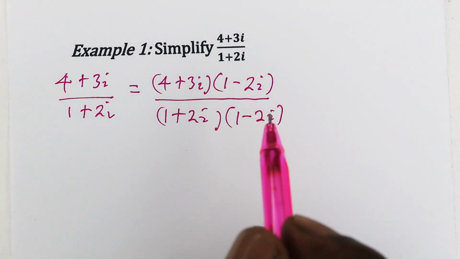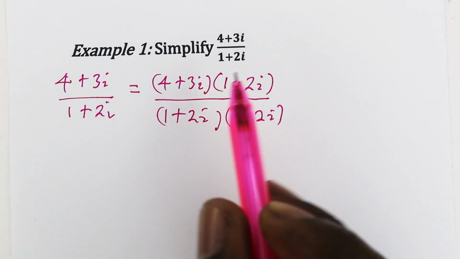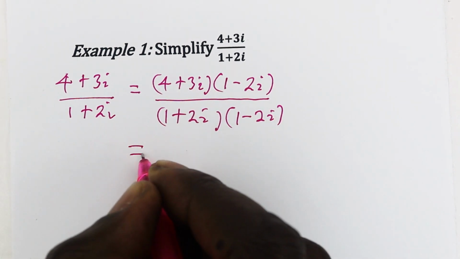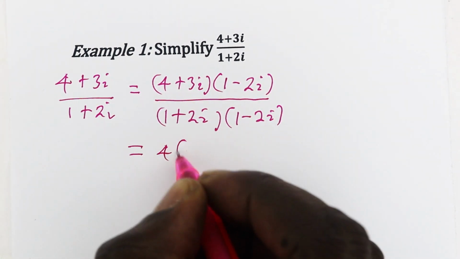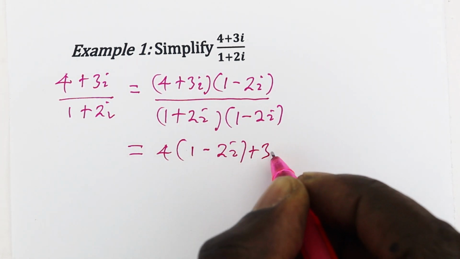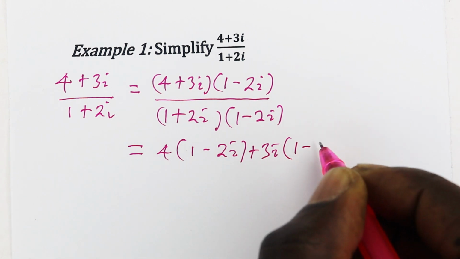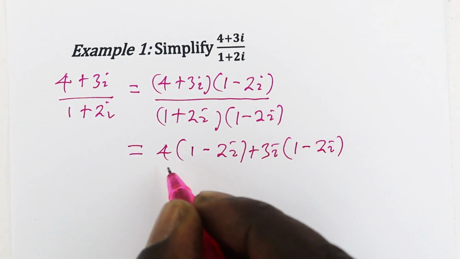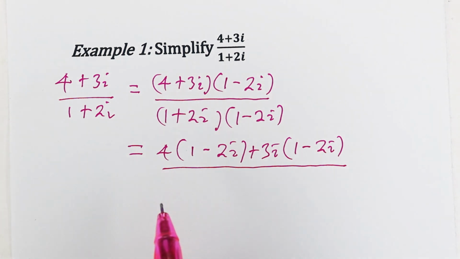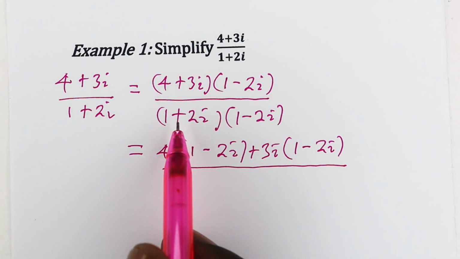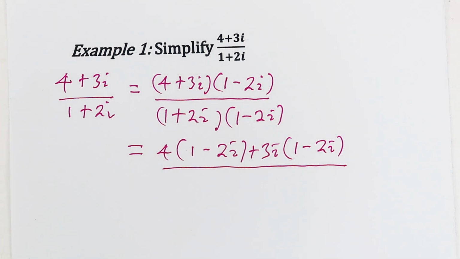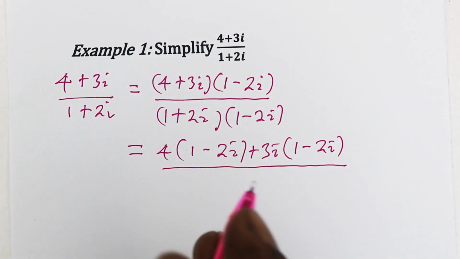We can use the distributive property in the numerator, so that we have 4 into 1 minus 2i plus 3i into 1 minus 2i. And then for the denominator, we can apply one of the quadratic identities. We have a plus and a minus between two similar terms, so this is just a difference of squares.